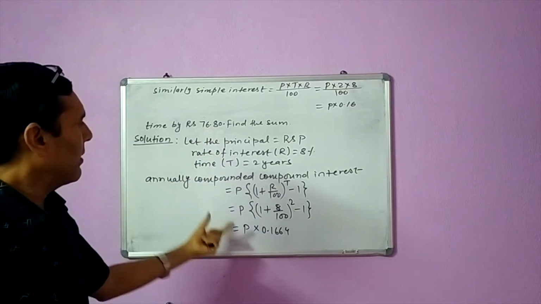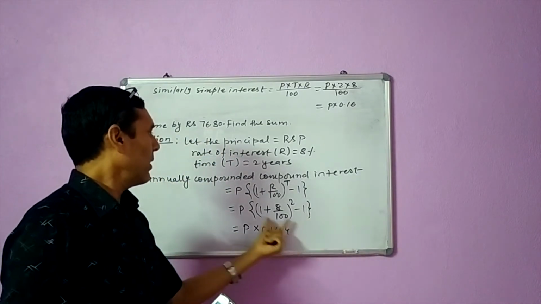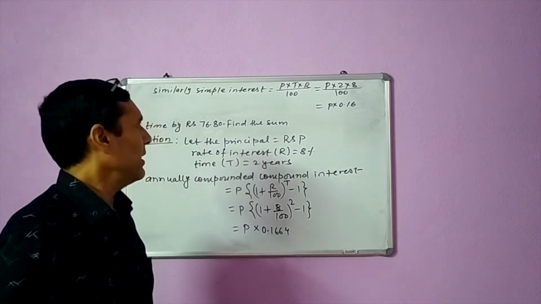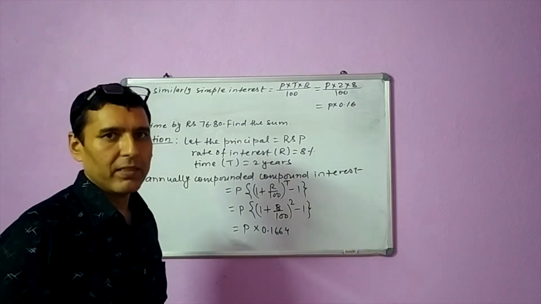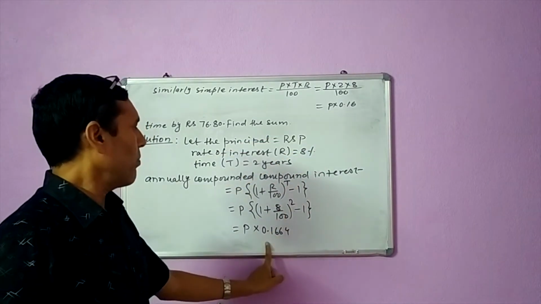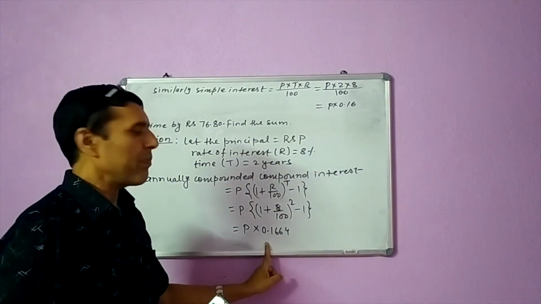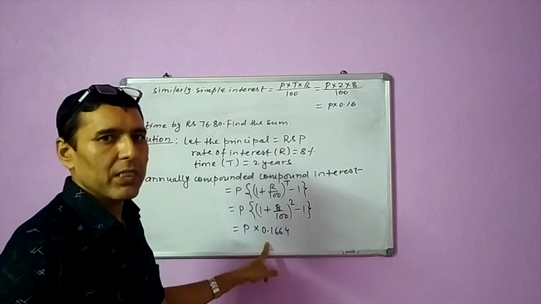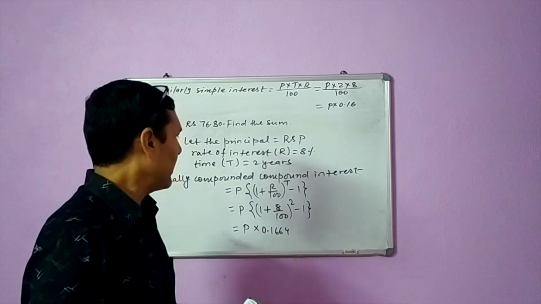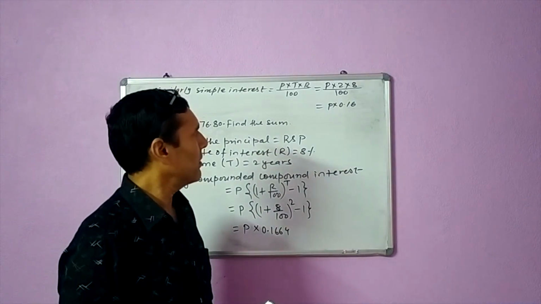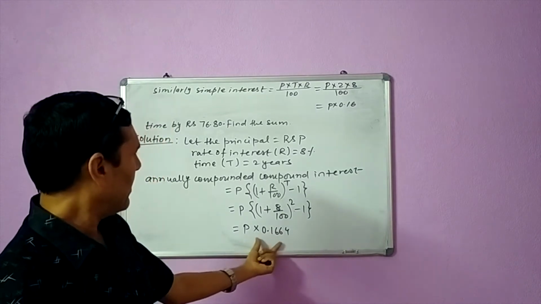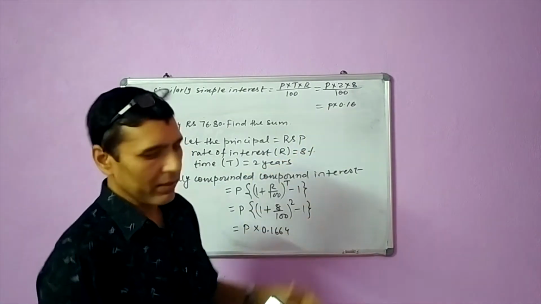As we know, the compound interest is more than the simple interest, so we subtract the simple interest from the compound interest. By principle also we know that for the same principal, same rate, same time, the compound interest is always more than the simple interest. Here if you see, this value is more than this one.